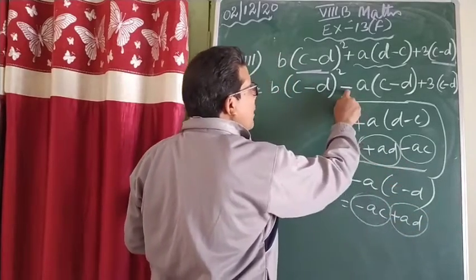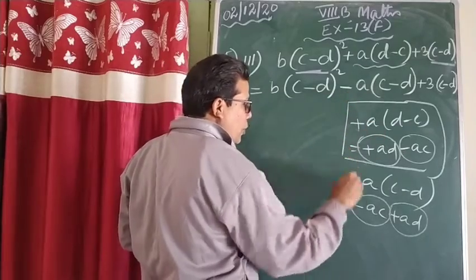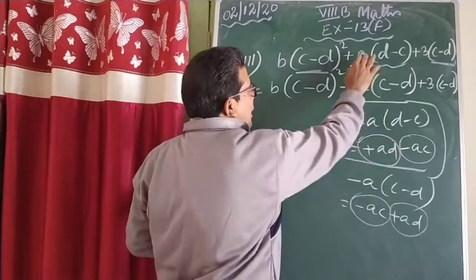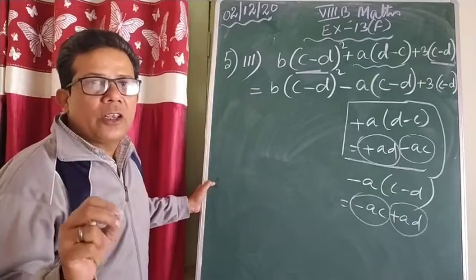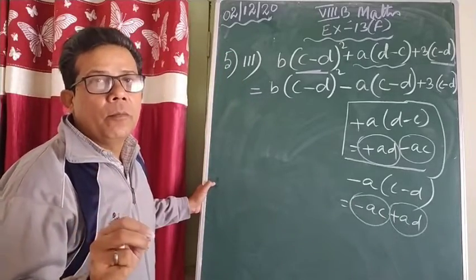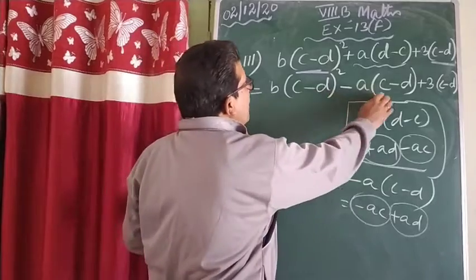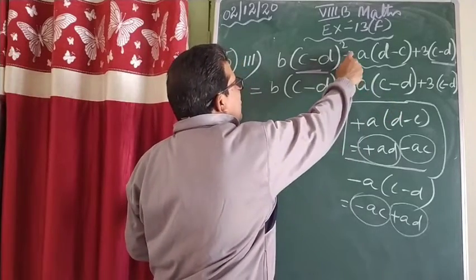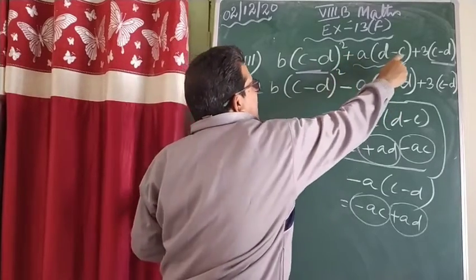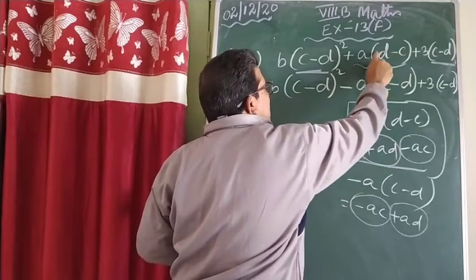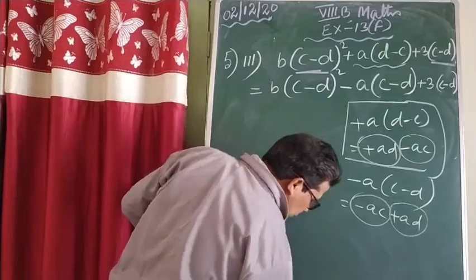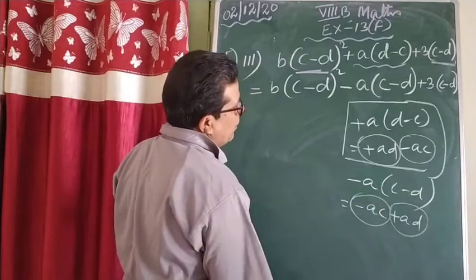Whatever sign was there, if you do the multiplication, in both cases the result is the same. But to make all the brackets the same, I changed this sign to minus, so this minus becomes plus and this plus becomes minus. I hope it is clear to you by showing you this multiplication.